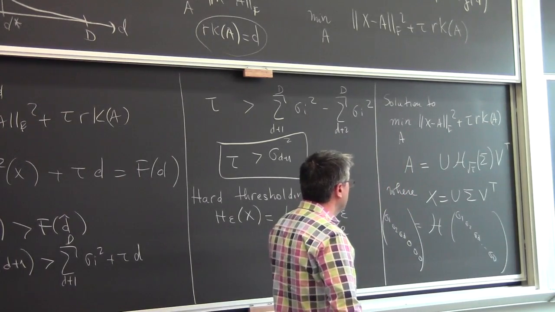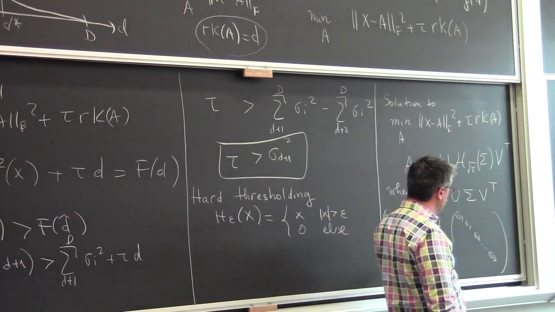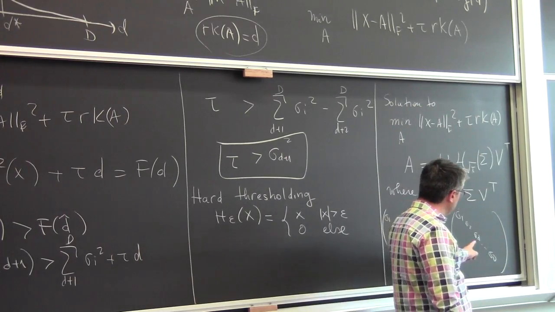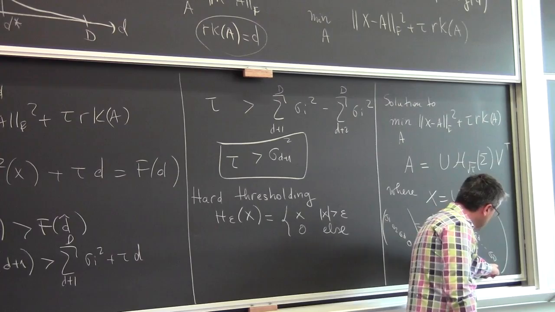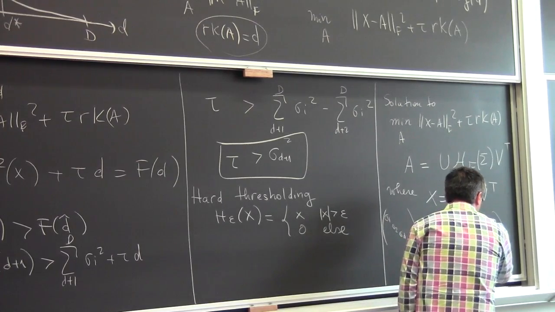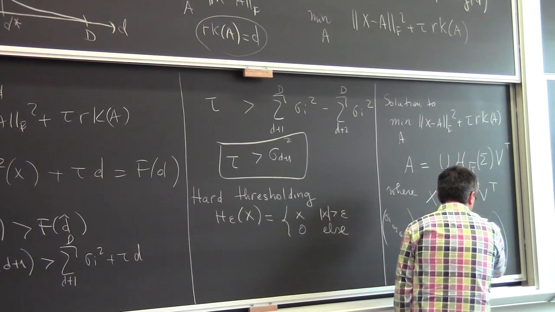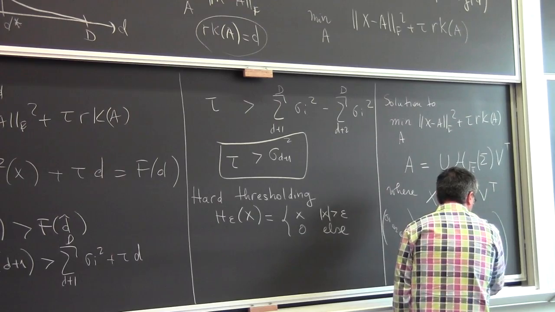That's the idea: Sigma is a diagonal matrix, so all the zeros are preserved by the threshold, and everything that is below sigma d is removed, while these guys here are bigger than or equal to the square root of tau.